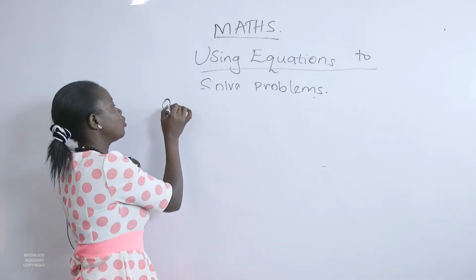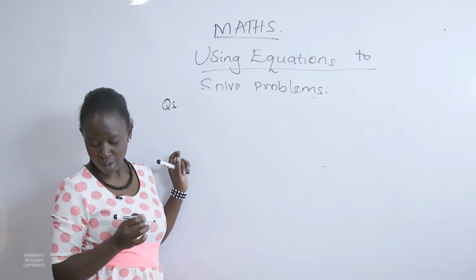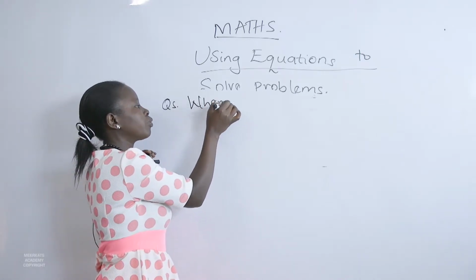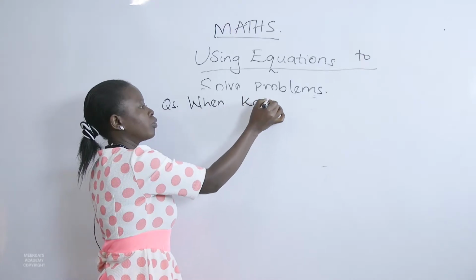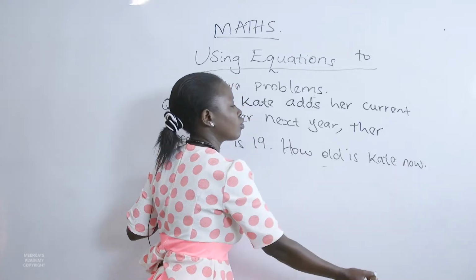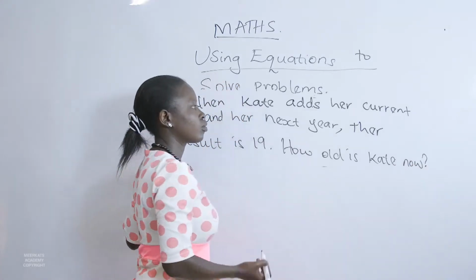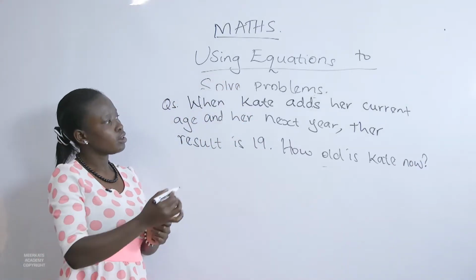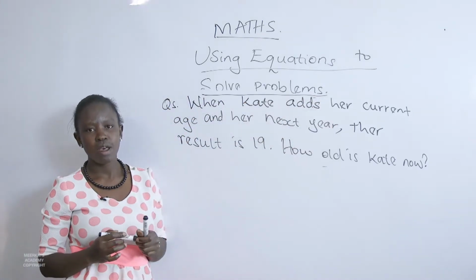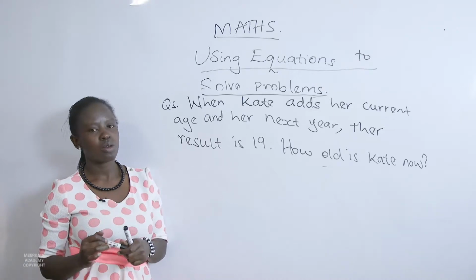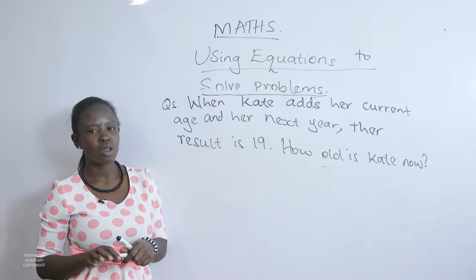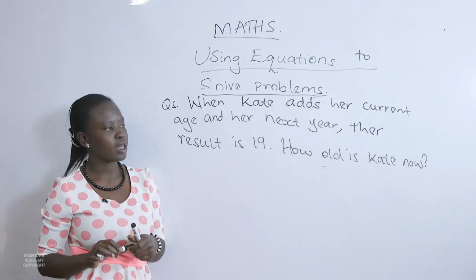The second question, or another problem we have is, when Kate adds her current age to that of the next year's age, the result is 19.